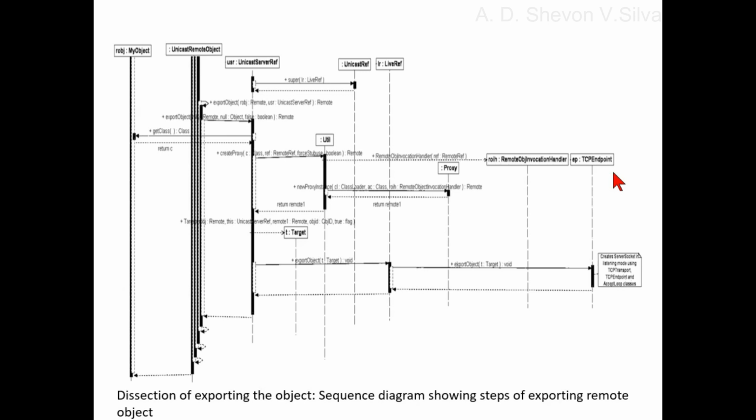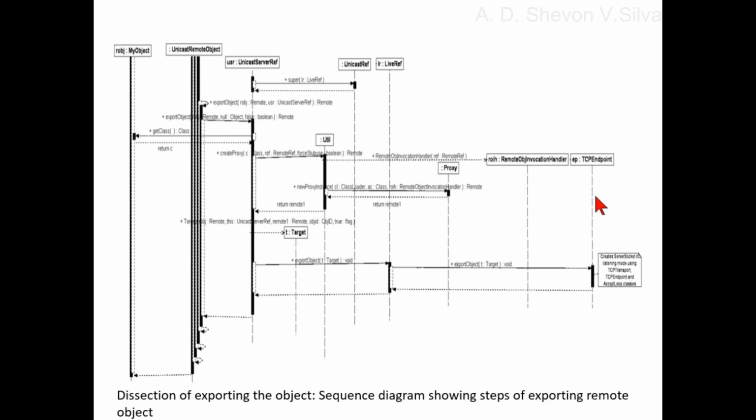When a new connection request arrives, TCP transport gets a new instance of the connection handler class by passing the socket, which is returned as a result of accept of server socket, and the string representation of the inet address, socket.getInetAddress.